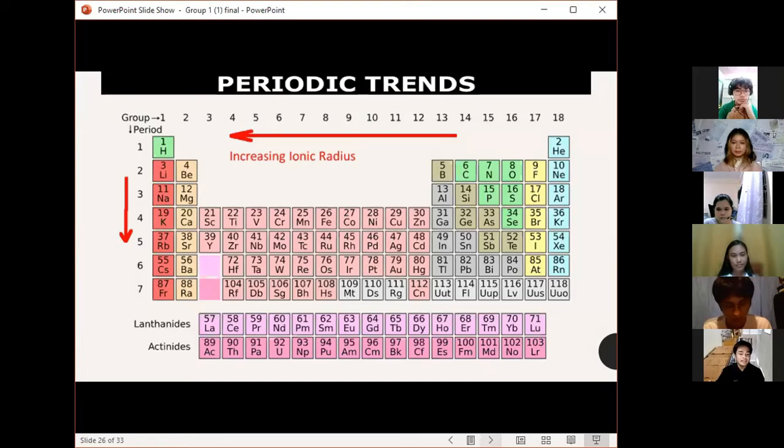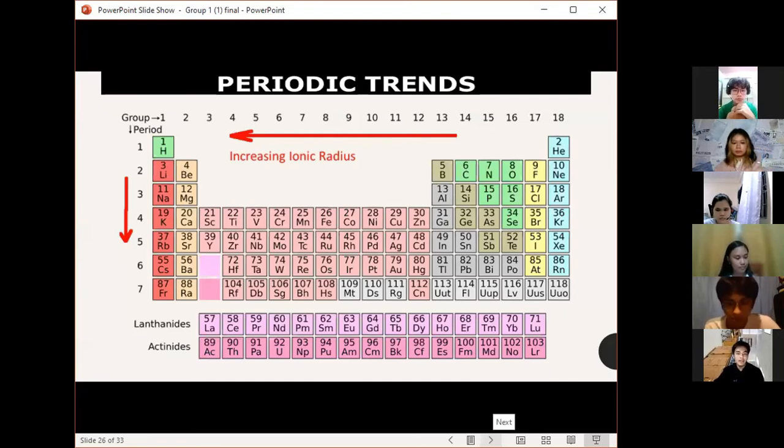Finally, let's talk about the trend of ionic radius across the periodic table. The ionic radius increases from right to left. For example, let's consider the elements in the third period. First, the cations. Sodium ion has an ionic radius of 95 picometer, magnesium ion is 65 picometer, and aluminum ion is 50 picometer. Second, the anions.